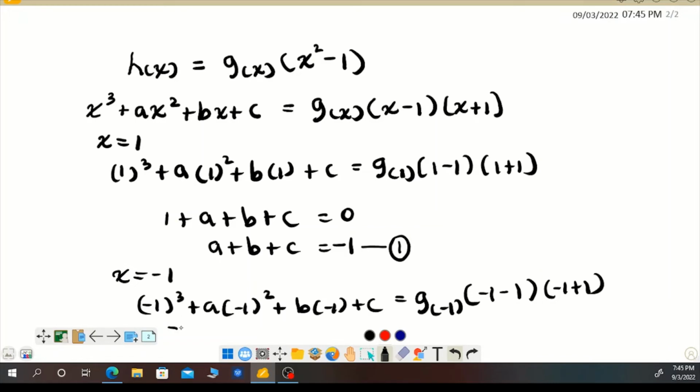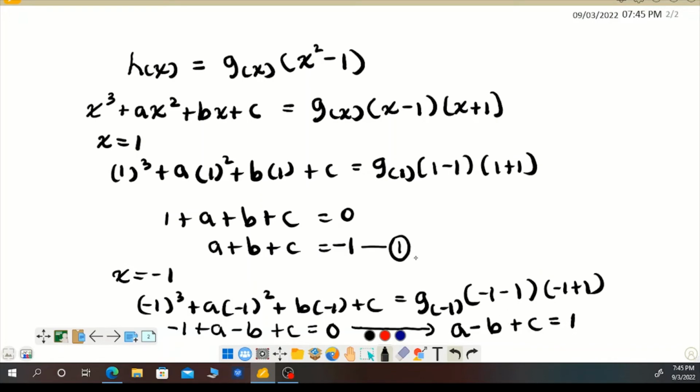Minus 1 cubed means minus 1, minus 1 squared is plus 1, then this is a minus b plus c. Here the value is 0, since minus 1 plus 1 is 0, so the total value is 0. So I can obtain the equation from here as a minus b plus c equals plus 1.